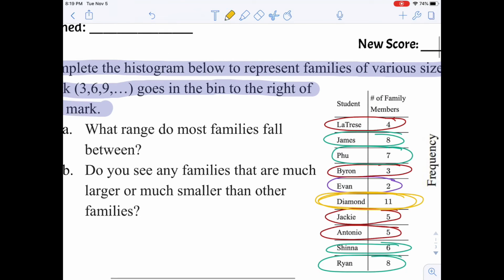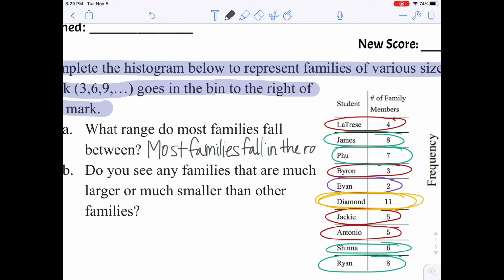Most families fall in the range of 3 to 9 members in the family.